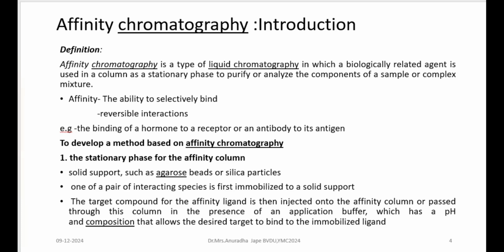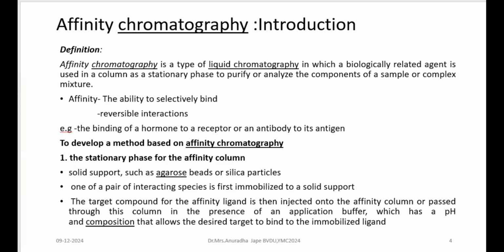The stationary phase contains the solid support, which is made up of agarose beads or silica particles. We have learned different types of support matrices, and agarose bead and silica are examples that could form the solid support.